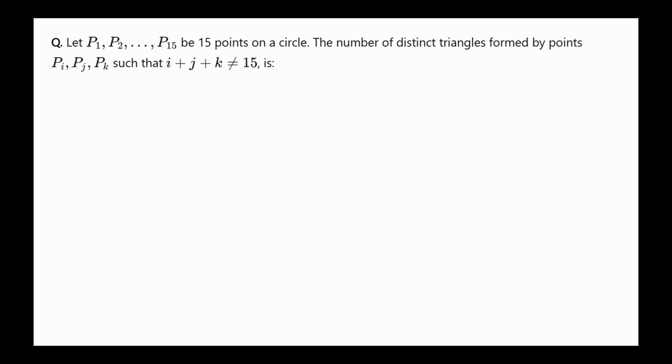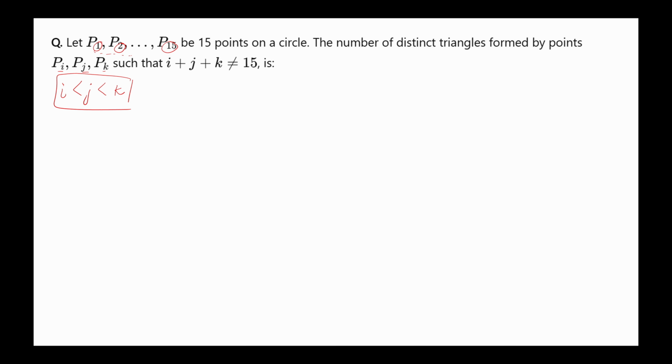Since they have given us i, j, k, the subscript is basically increasing. That means i is less than j and j is less than k. This is one thing we can find out. And i plus j plus k should not be equal to 15. This is the other condition.